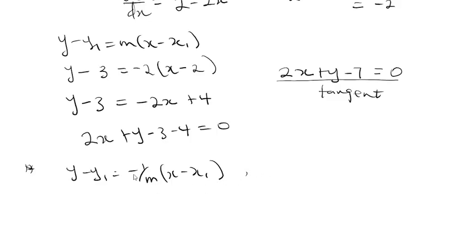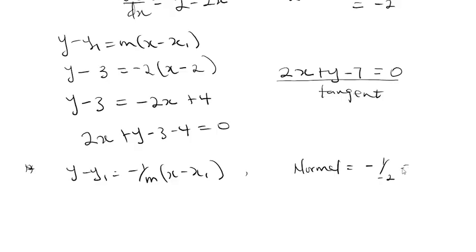Now from here, we have the gradient of the tangent to be negative 2. So it means that the gradient of the normal will be equal to negative 1 on negative 2.